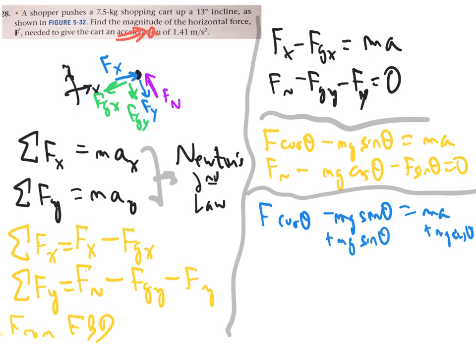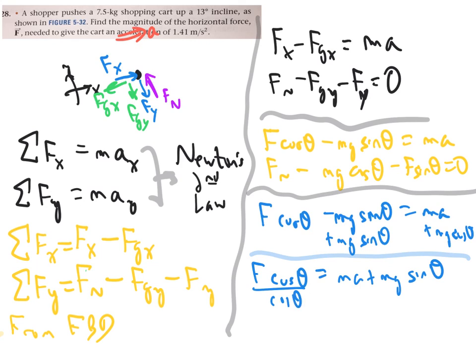So I'm left with, at that point, F cosine theta equals ma plus mg sine theta. And then I'll divide by cosine of theta to get that F equals ma plus mg sine theta over cosine theta.